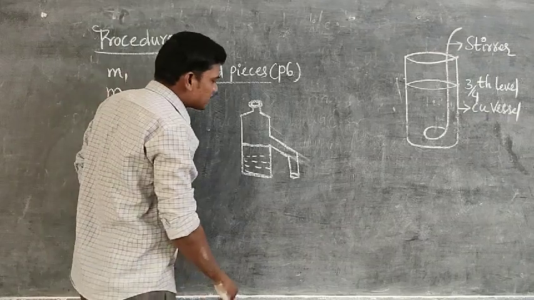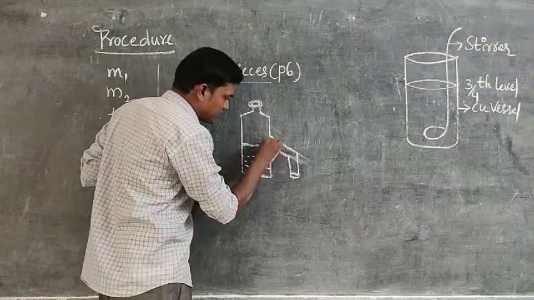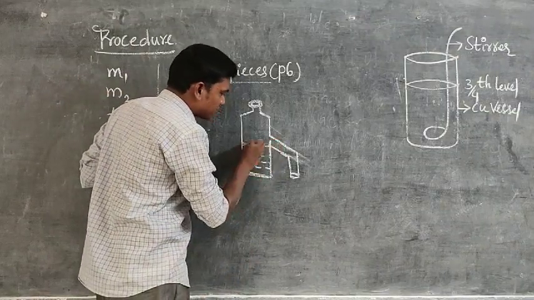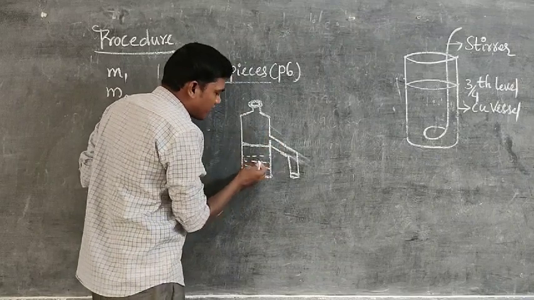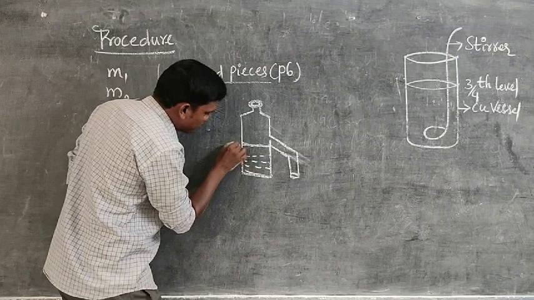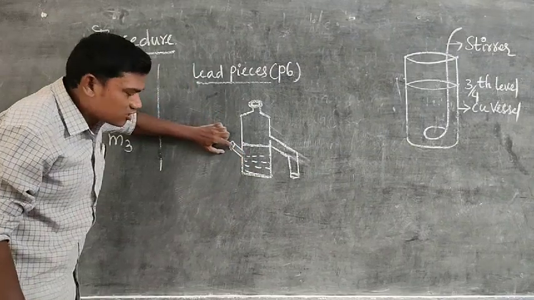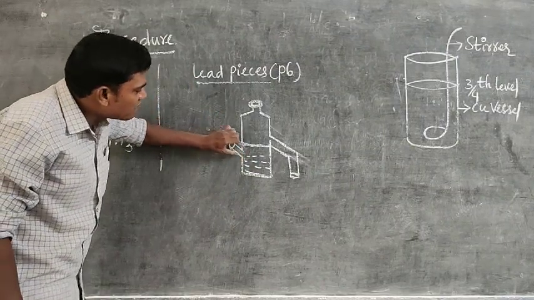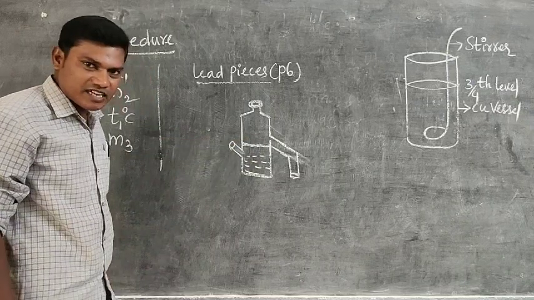Initially, in the lower part there is a small spout, and through this small spout we fill water into the Regnault steam heater.